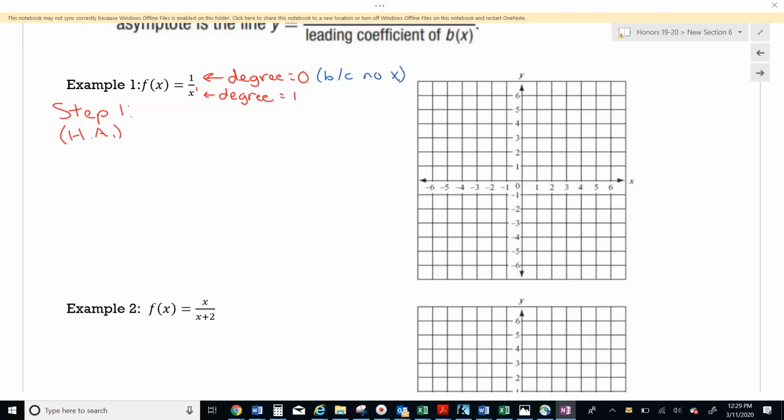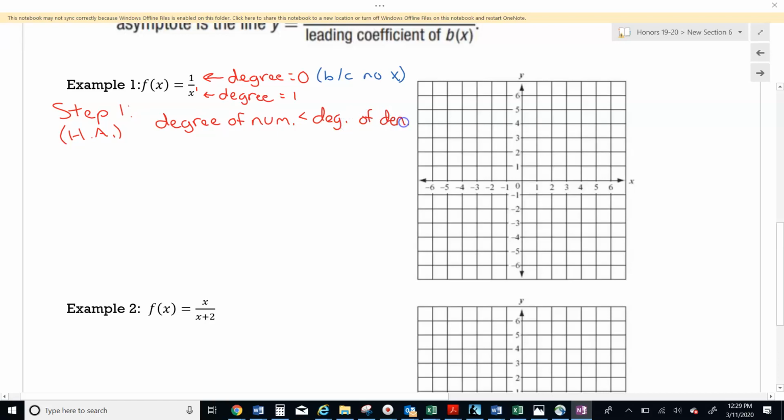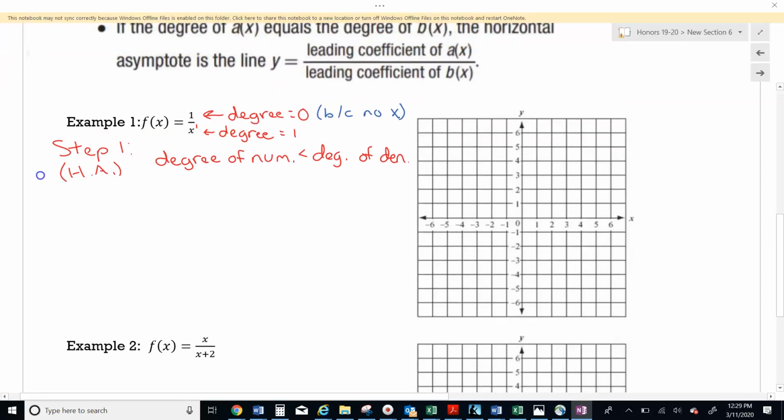So for my horizontal asymptote, the degree of my numerator is less than the degree of the denominator. And again, if I look back up here, what does that tell us?